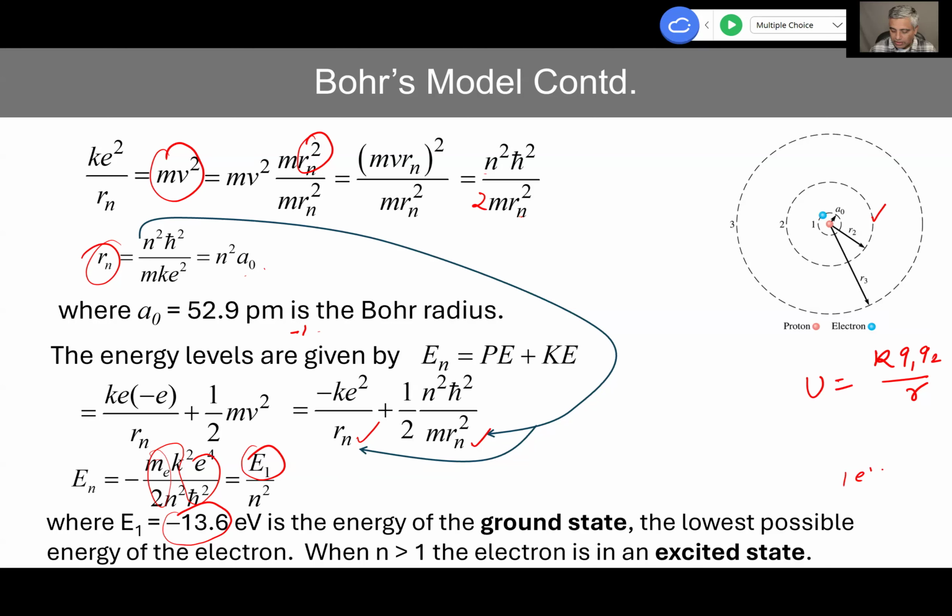Remember, one electron volt is a very small unit of energy. In terms of joule, it becomes 10 to the power negative 19 joule, just like the charge of an electron. So with these numbers plugged in, and with this conversion from joule to electron volt, we get this number, and the negative sign is already there, and that's the ground state energy of hydrogen atom.